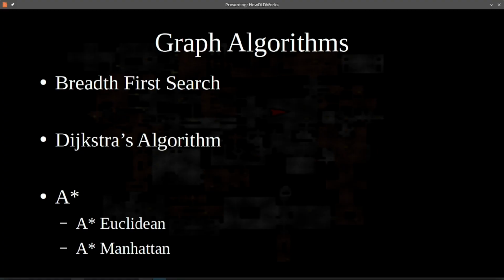But just in brief, you have the breadth first search, which basically you look at everything within one step, and within 2 steps, and within 3 steps, until you find either what you're looking for or find everything.